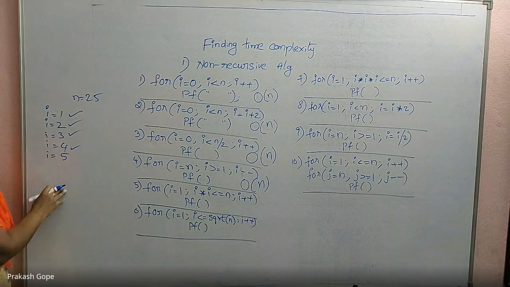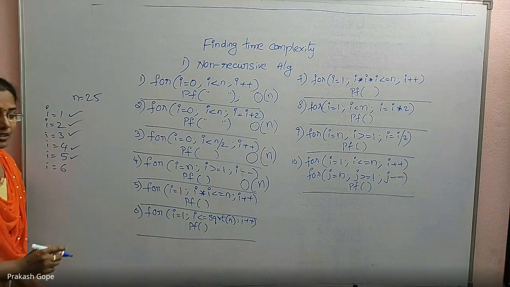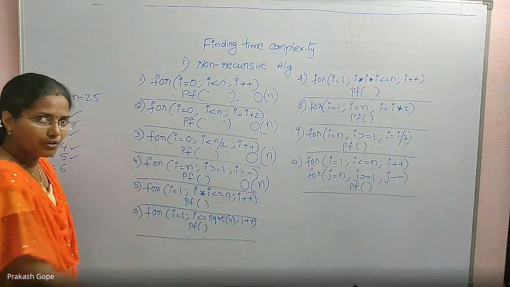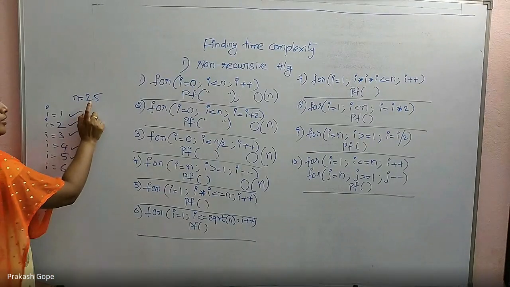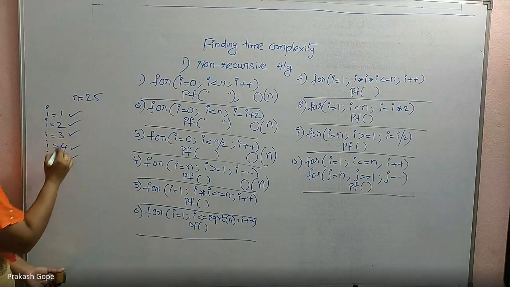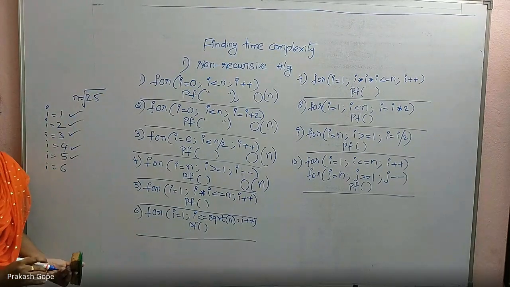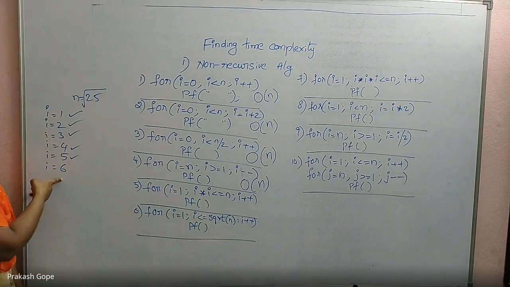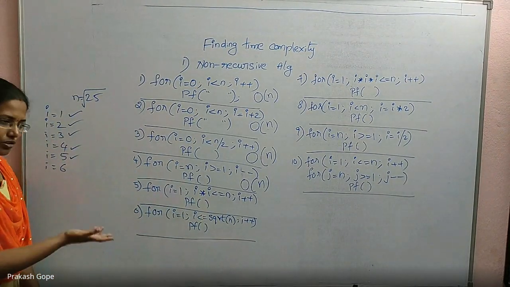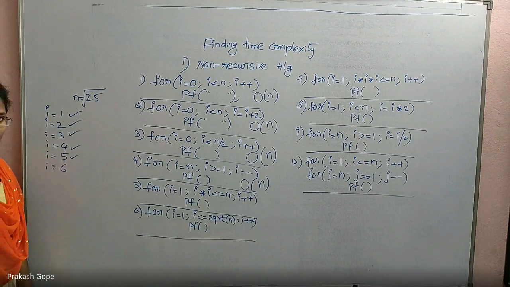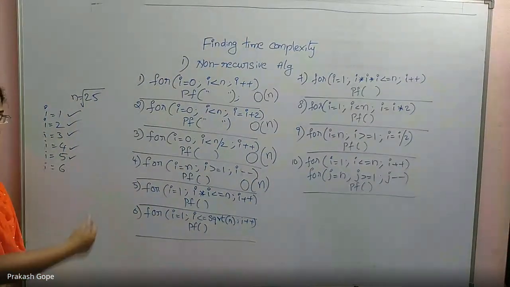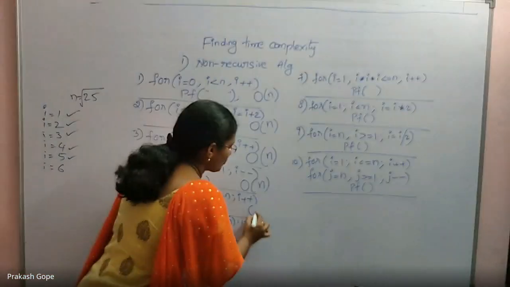I becomes 5. 5 into 5 less than or equal to 25, that is also true. When I becomes 6, 36 less than or equal to 25 is false. So we'll stop. How many times have we executed this for loop? Only 5 times. How did you get this 5 from this 25? It is root of 25. Even if you take 36, you will get one more. If you take 49, you will get one more. If you take 55, still it goes till 7 only. It cannot go to 8. So it is approximately root n. Only root n iterations will be there.